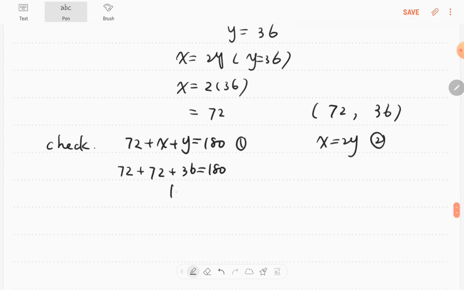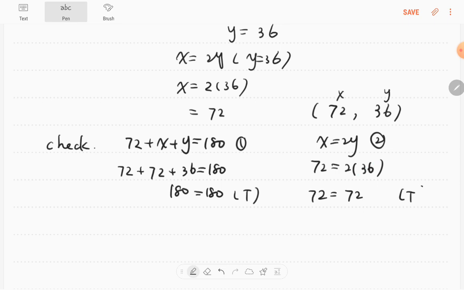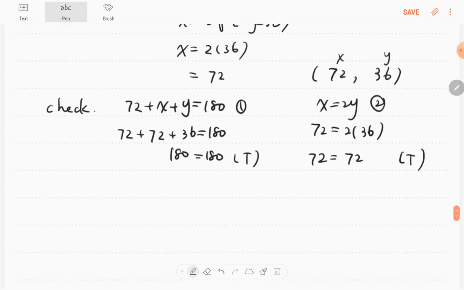Now the left side is equal to the right side, so this equation is true. Both are true, so we can conclude this is the solution.